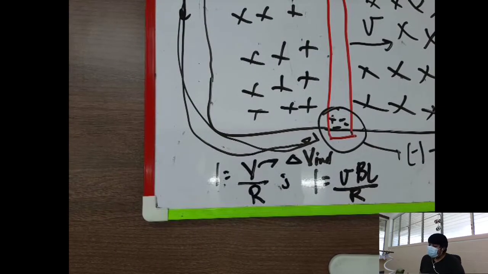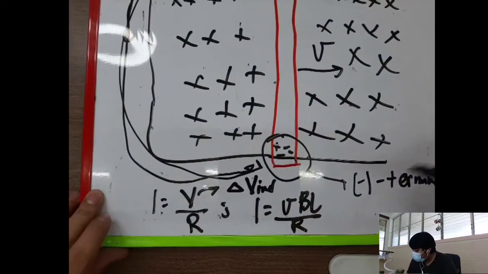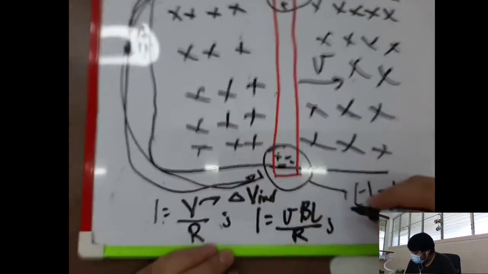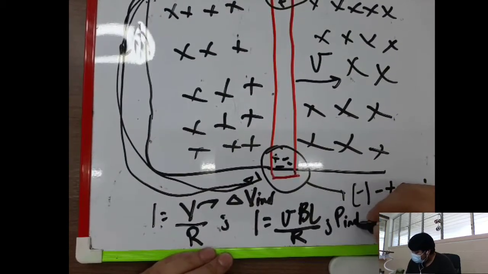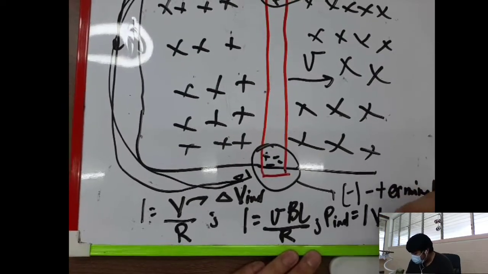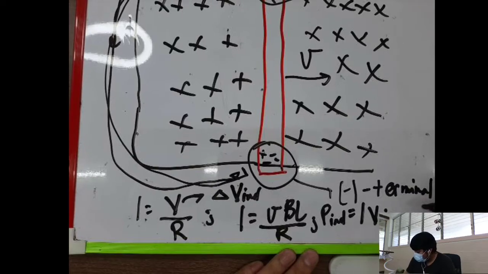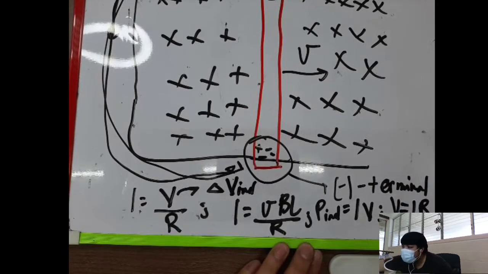So that's it. Now, if you want to get the power produced by this induced voltage, remember that the induced electrical power, or power in general, is equal to current multiplied by the voltage. And by Ohm's law, voltage is equal to current multiplied by resistance.